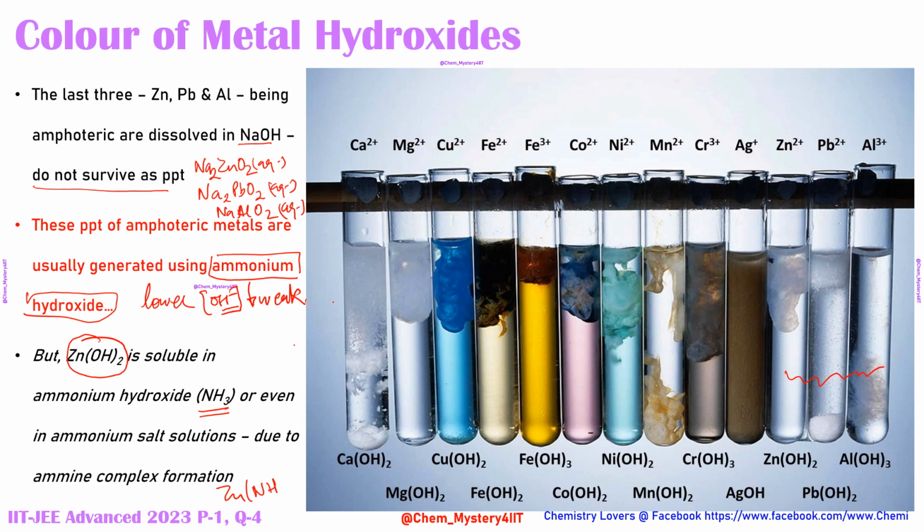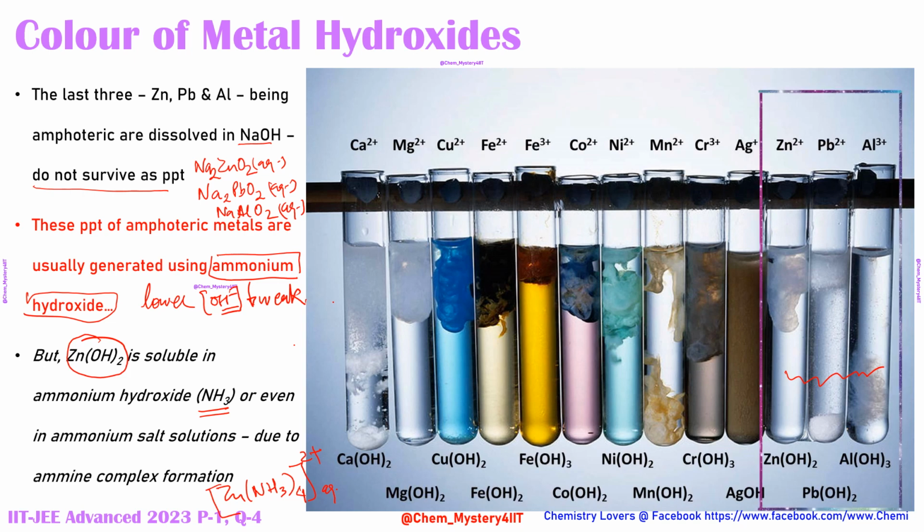Zinc we sometimes refuse to believe as a transition element. This kind of complex is formed with zinc, which is soluble in water. So zinc hydroxide will be soluble in sodium hydroxide as well as ammonium hydroxide. Lead and aluminium will not form any soluble species if you keep an excess of ammonia.